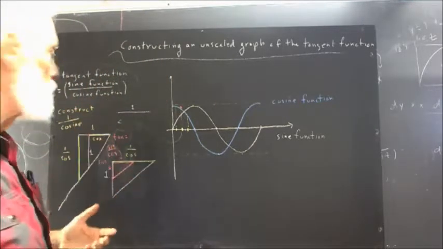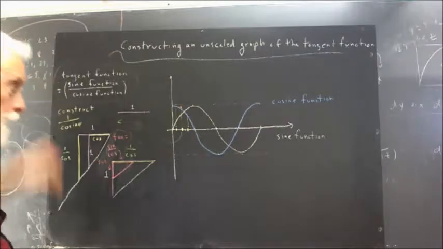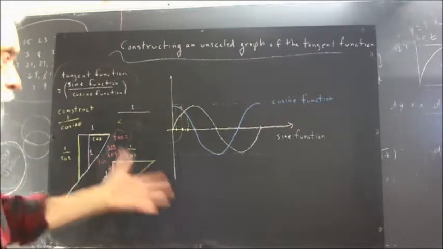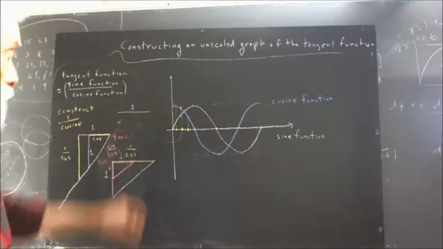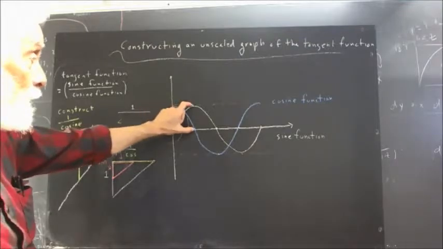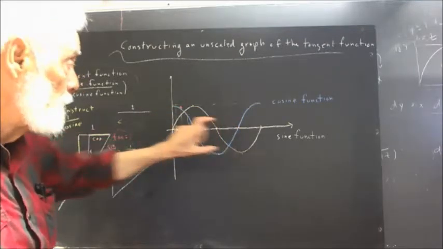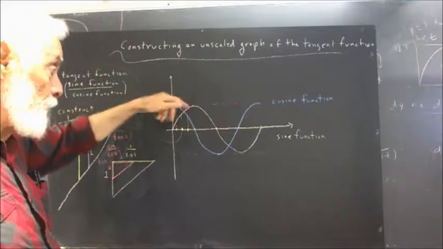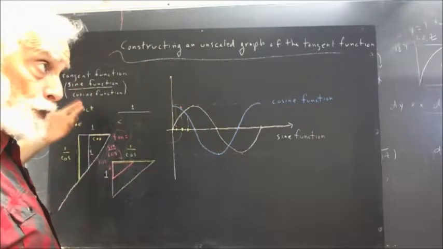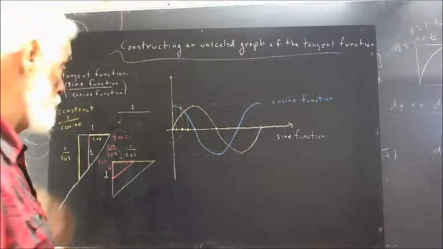Okay, we want to construct the value of the sine function divided by the value of the cosine function. First thing we do is pick a unit. Now, a really convenient thing to do is pick a unit that's equal to the distance of a maximum or minimum value of the function relative to the axis. Okay, and I chose not to do that just for generality.